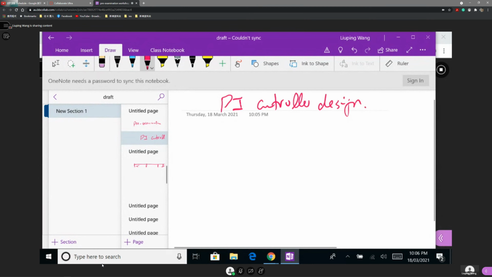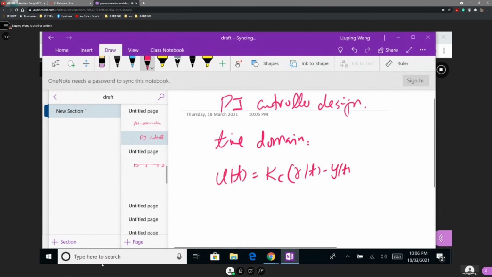So I'm going to cover the first topic, PI controller design. What is a PI controller? In the time domain, we calculate the control signal u of t equal to kc times r of t minus y of t.